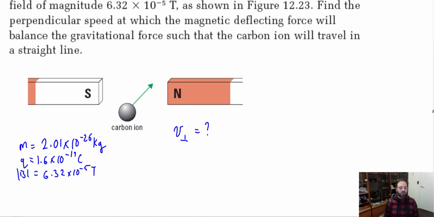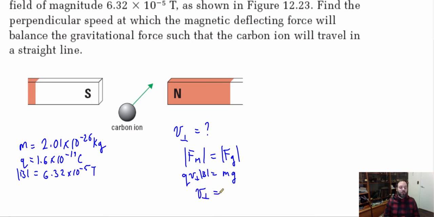So I'm going to start off here by saying that my magnetic deflecting force will equal my gravitational force. We know my magnetic deflecting force is going to be the charge multiplied by the perpendicular velocity multiplied by the magnetic field. I know my force of gravity is equal to my mass times my gravity. Now I want to isolate for my perpendicular velocity.